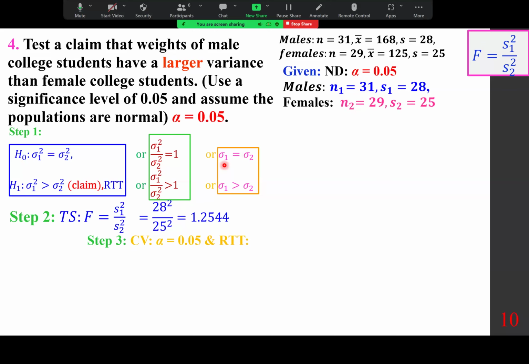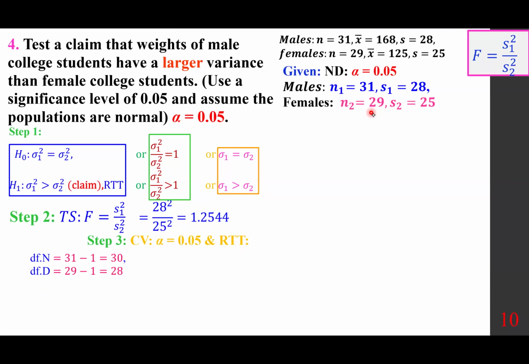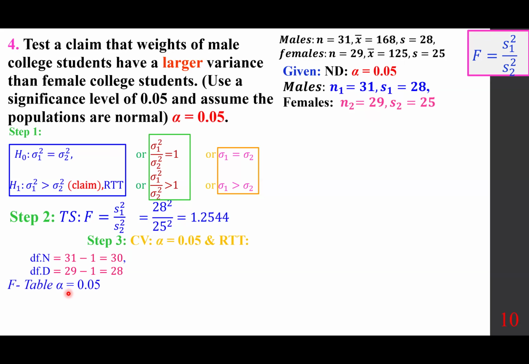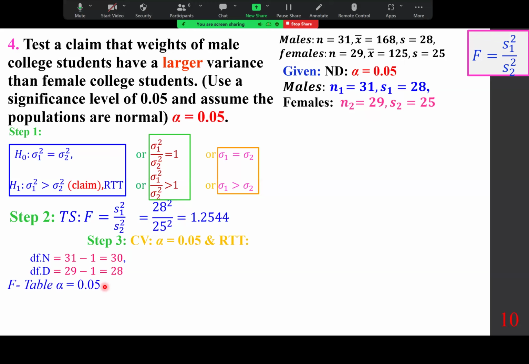For the denominator, 29 minus 1 is 28. When you have those two, you have to go with the F table. There are various F tables, and with the F tables comes the choice of alpha. If you go with technology, it makes it easier. With the table, alpha may be 0.05, 0.01, 0.1. Make sure you choose the proper alpha.